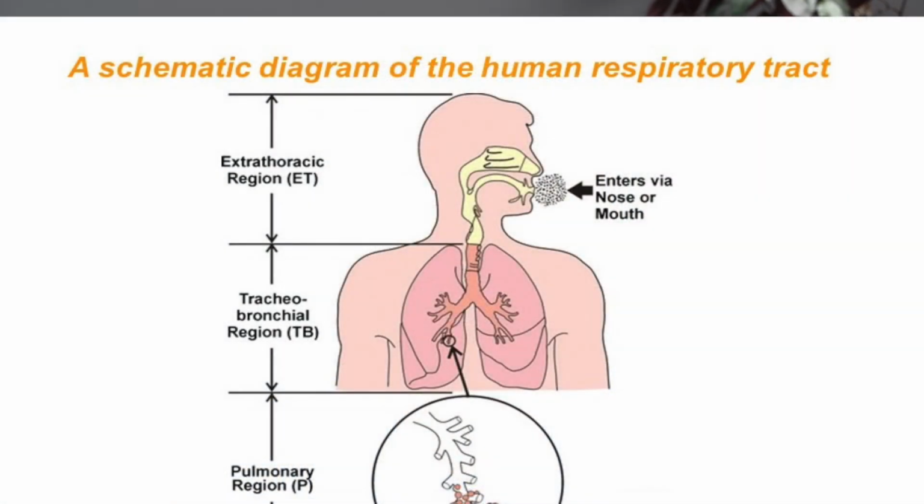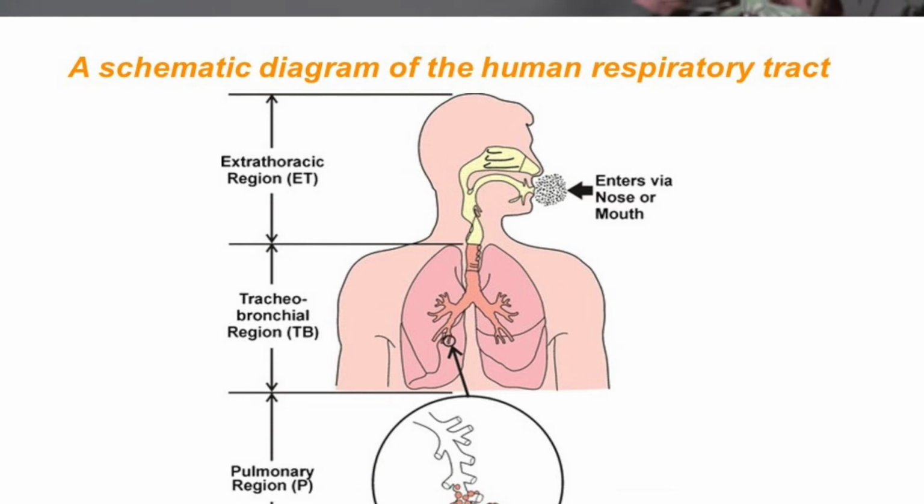Now the next slide, slide 37, shows a schematic diagram of the human respiratory tract so that we can get a little better understanding of where these particles or aerosols go in the body after they enter through the mouth or the nose. Now the respiratory pulmonary system is typically divided into 3 parts.